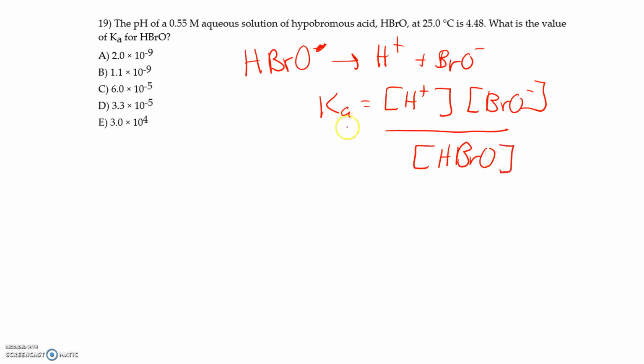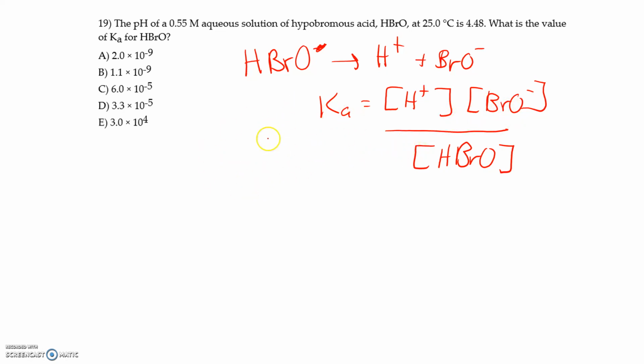So my acid dissociation constant is always going to be the proton and the conjugate base over the undissociated acid. Remember, with weak acids, we consider the concentration of protons, so basically the dissociation, to be very, very small.